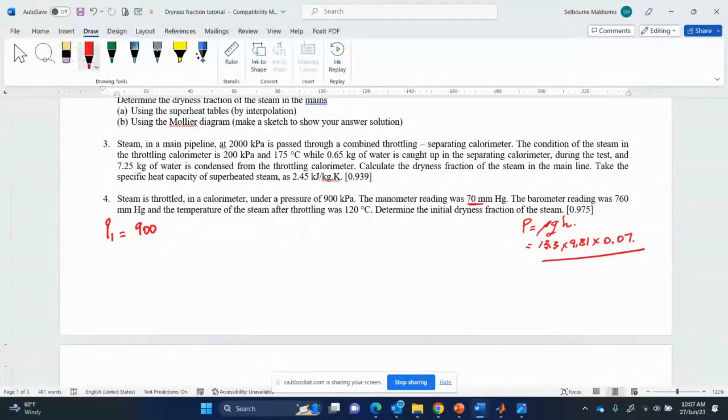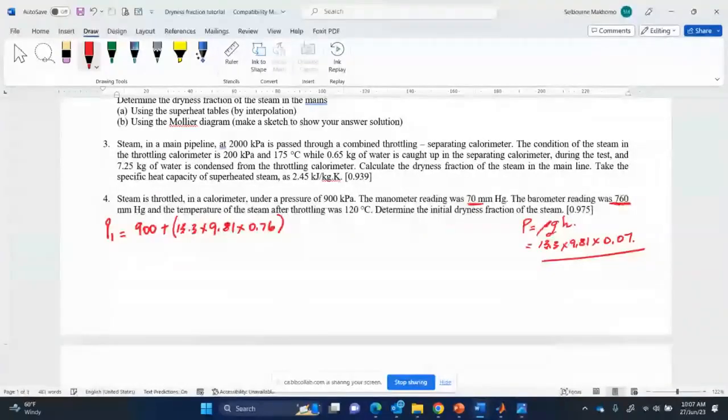Okay, so we will say that plus bracket 13.3 multiplied by 9.81 multiplied by this height, 0.76. Remember, this 76 is atmospheric for both, so you use it when it comes with P1 and P2.